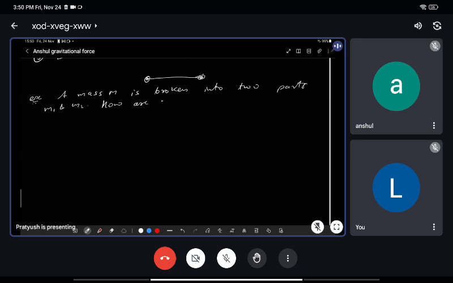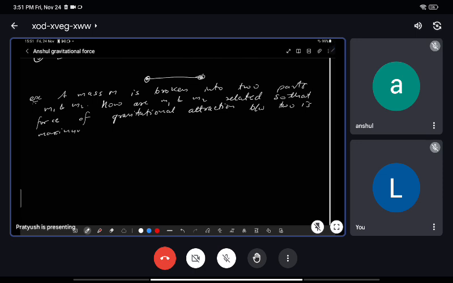How are M1 and M2 related so that the force of gravitational attraction is maximum?